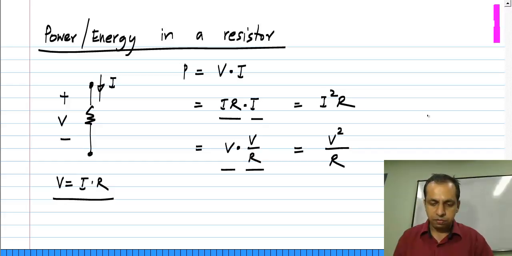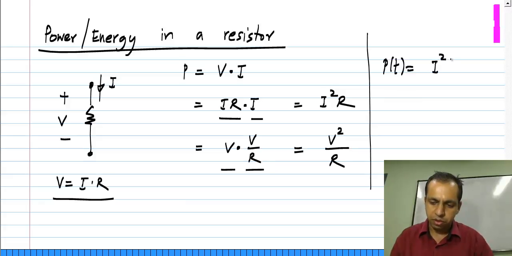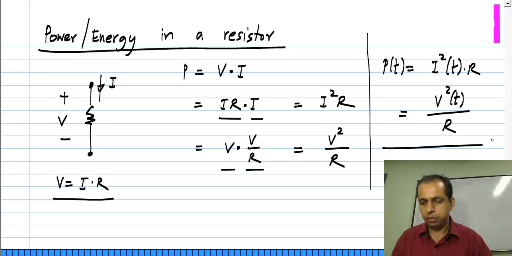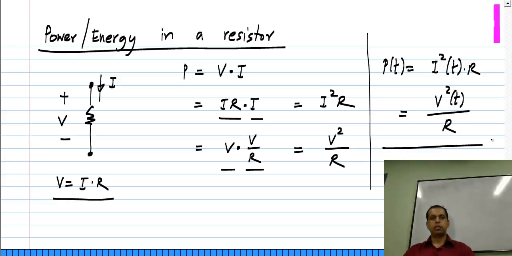Now, of course, if voltage or current is dependent on time, then power will be varying with time, but the expressions will be the same. This is the power delivered to the resistor, which can also be written as V square divided by R. Okay. So, this is the expression for the power delivered to a resistor.